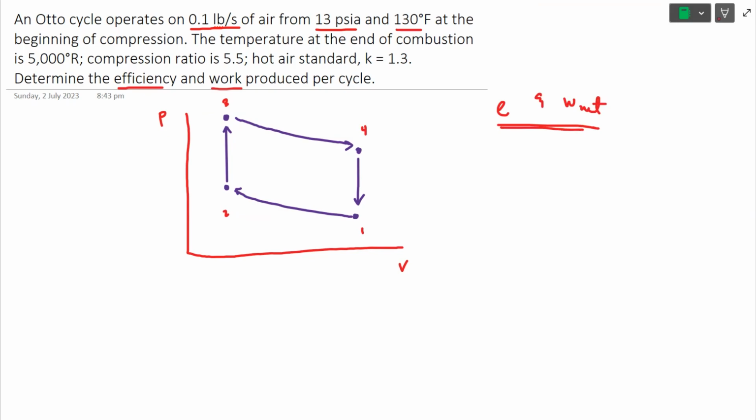Eh, pwede dito, i-label mo agad yung point 1. Eh, ano ba yung point 1 mo dito? Ang given sa point 1 is 13 psia.